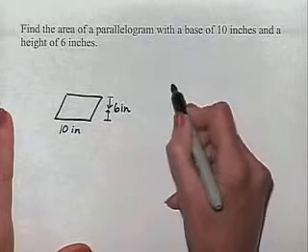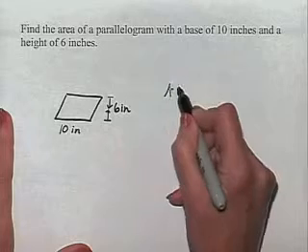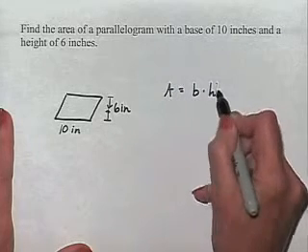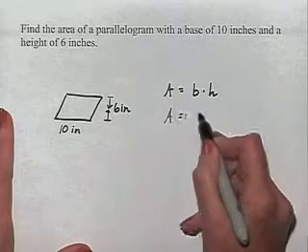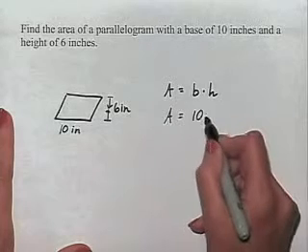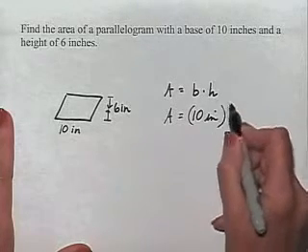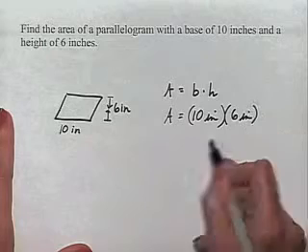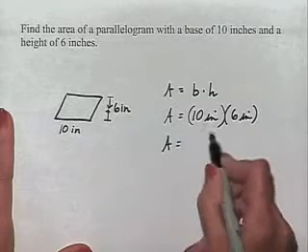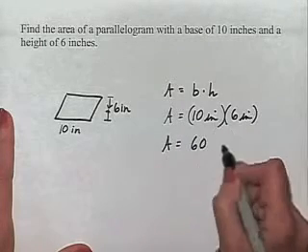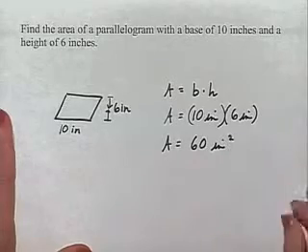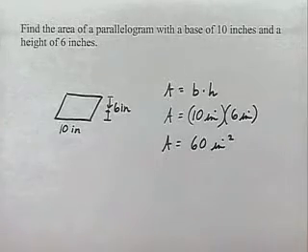The formula for the area of a parallelogram is area equals base times height. So in this case, our area is going to be our base of 10 inches times our height of 6 inches, and multiplying our numbers gives us 60, and multiplying our units gives us square inches. The area is 60 square inches.